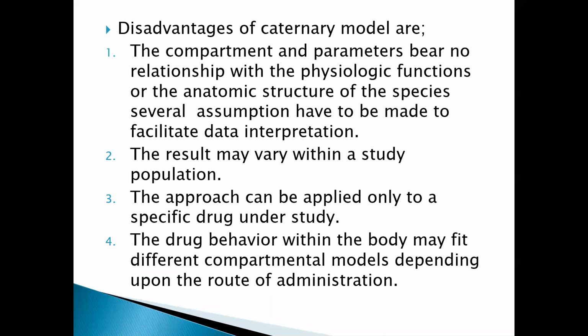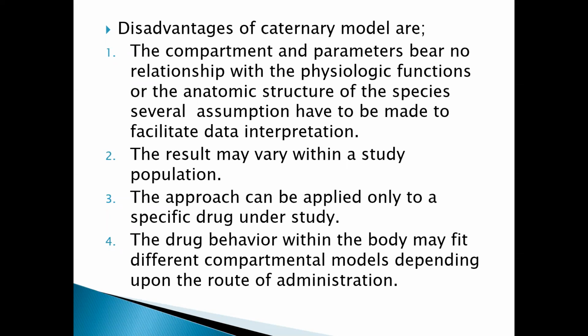Now, what are the disadvantages of this catenary model? The compartments and parameters bear no relationship with the physiological functions or the anatomic structure of the species. Several assumptions have to be made to facilitate data interpretation, so the result may vary within a study population.